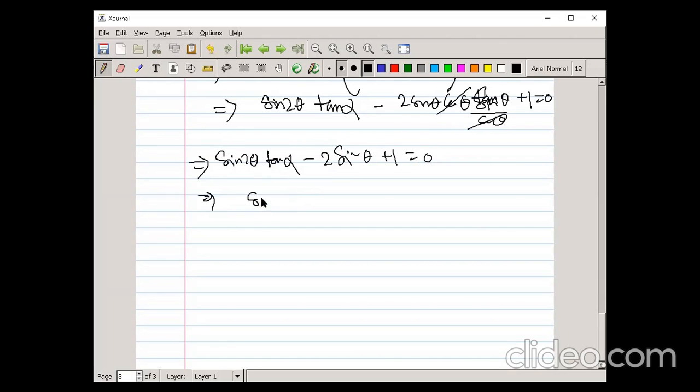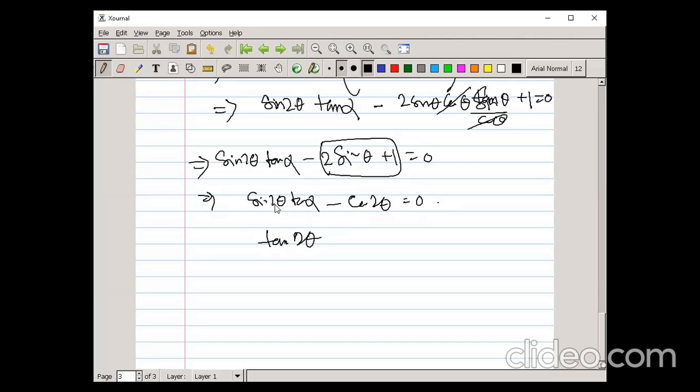Then sin 2 theta tan alpha, minus 2 sin square theta plus 1. So it means what? This term indicates the cos 2 theta, right? This is the formula of cos 2 theta. So write minus cos 2 theta is equal to 0. So tan 2 theta we can write, na.